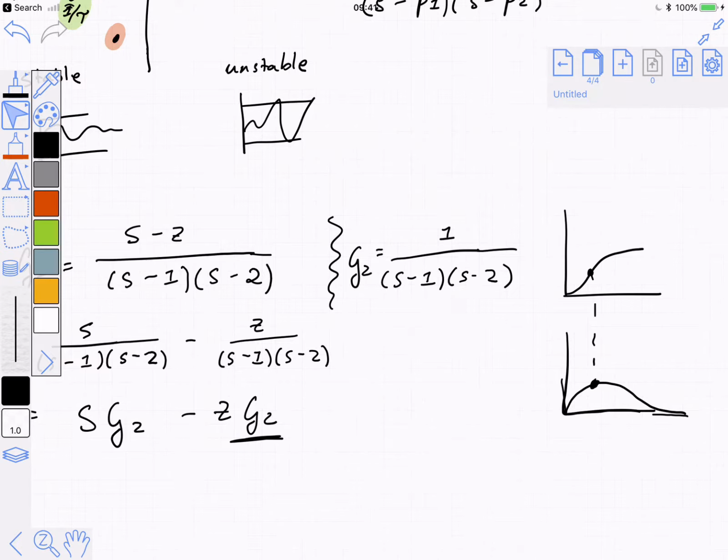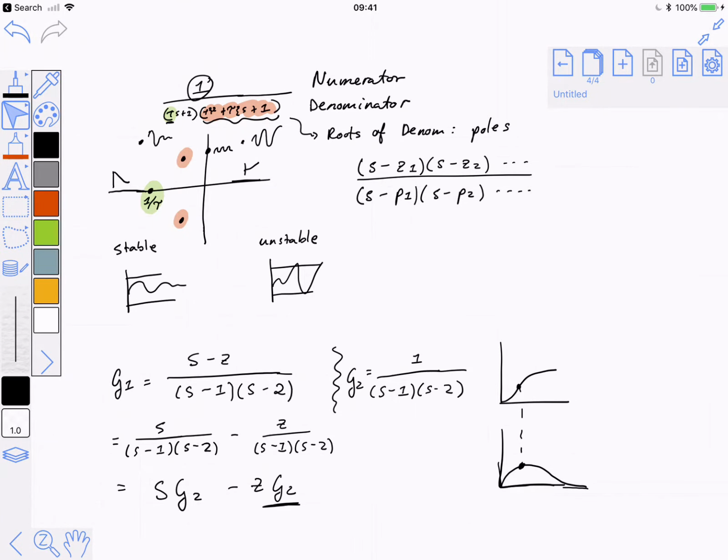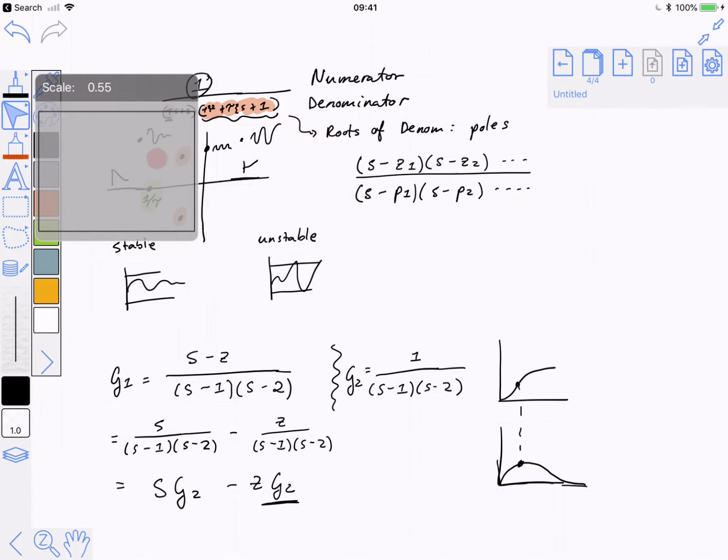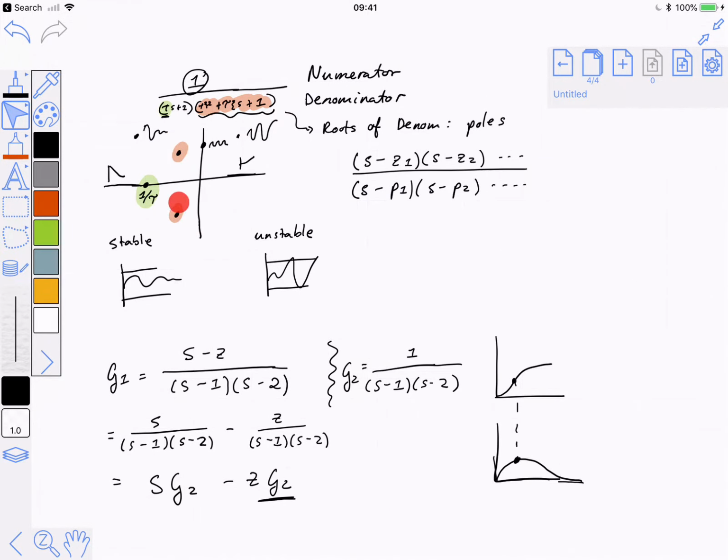Furthermore, if I have something like oscillatory behavior, you can't derive out oscillatory behavior. If I have a numerator with complex roots, taking the derivative of a signal like that, which is oscillating, just results in another oscillatory system.